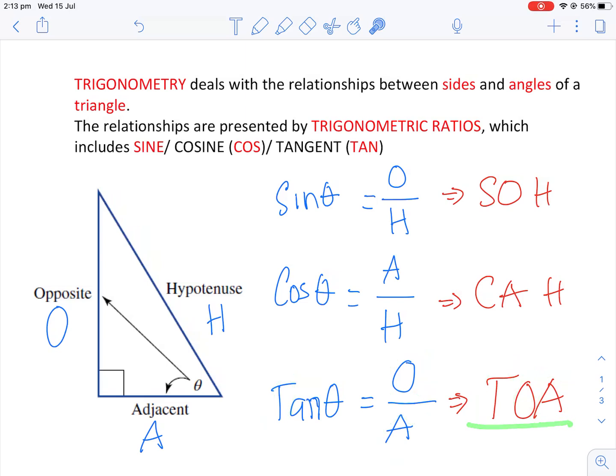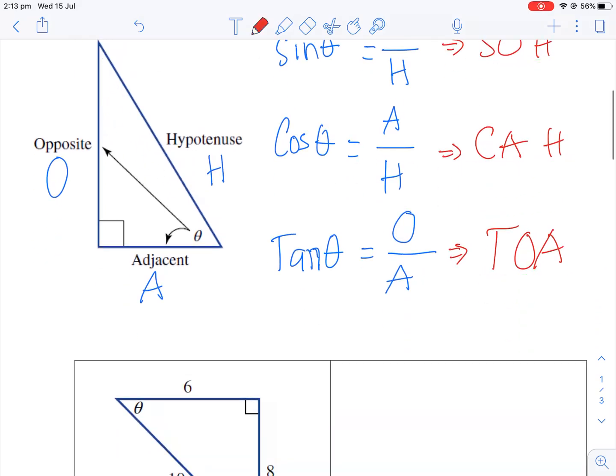So this one you read out loud as tan of theta equals opposite divided by adjacent. So the three trigonometric ratios are sine, cos, tan, and the abbreviations for them are SO, CA, TOA. So let's write down here SO, CA, TOA.